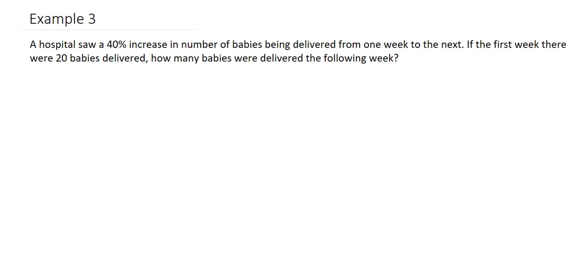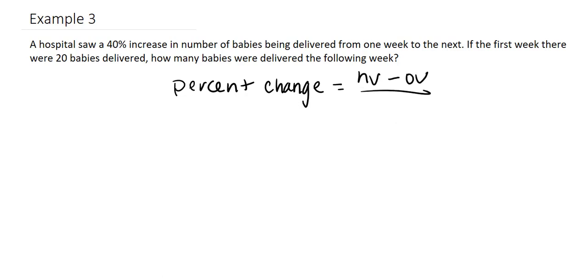Example 3. A hospital saw a 40% increase in number of babies being delivered from 1 week to the next. If the first week there were 20 babies delivered, how many babies were delivered the following week? So we have percent change, which is equal to our new value minus old value over old value times 100%.